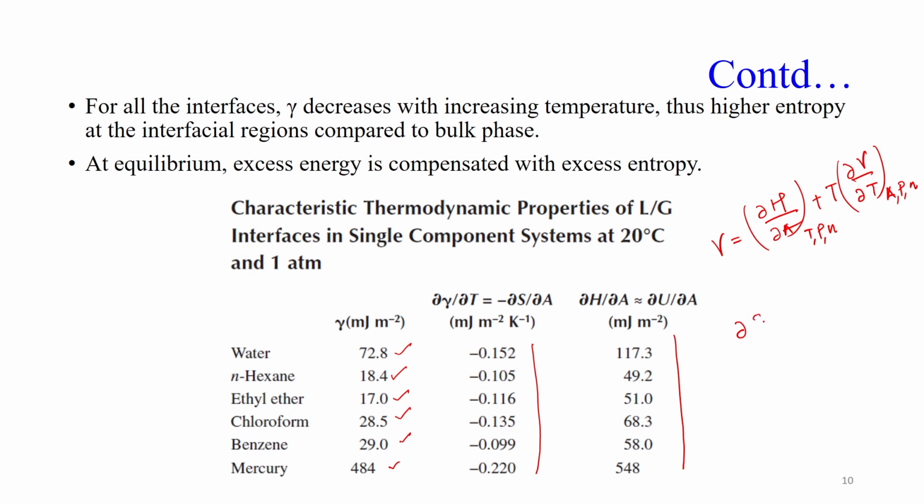So, dou S upon dou A will be greater than 0, it will increase, and if it is increasing, it means dou gamma upon dou T should be less than 0, because they are negatively related. So, if you are increasing the temperature, there will be an increase in the entropy at the interfacial region, and if entropy is increasing, there will be a decrease in the surface energy or the surface tension.